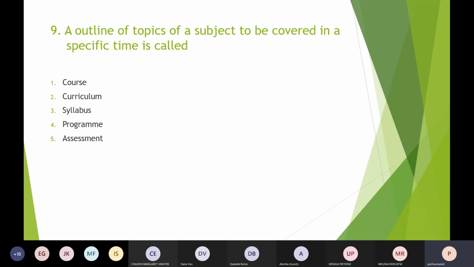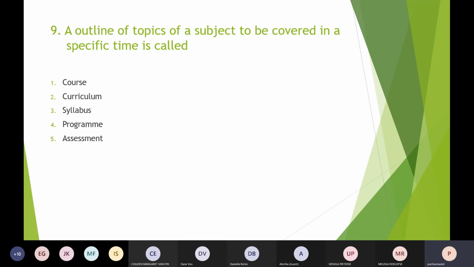A syllabus is a document that contains all the parts of the concepts that need to be covered in a subject, all right? And a syllabus is descriptive, and it refers to what needs to be taught.